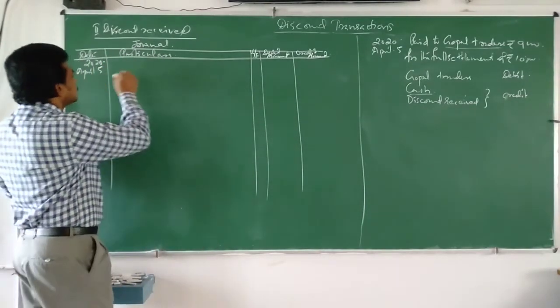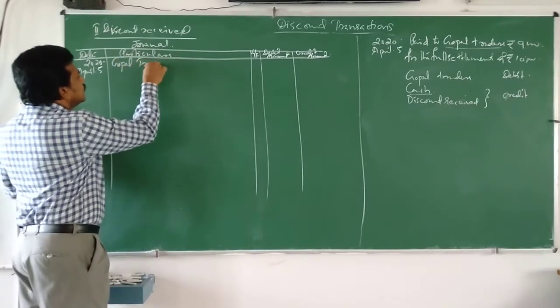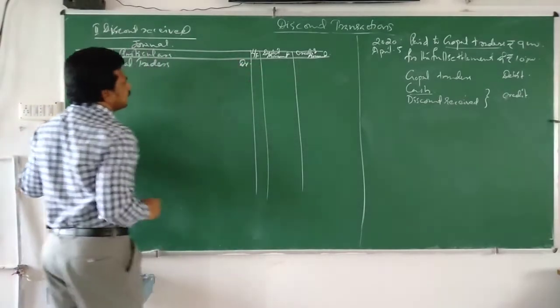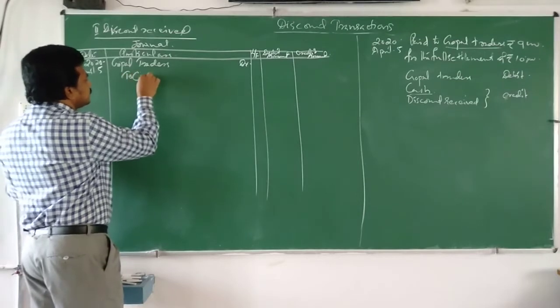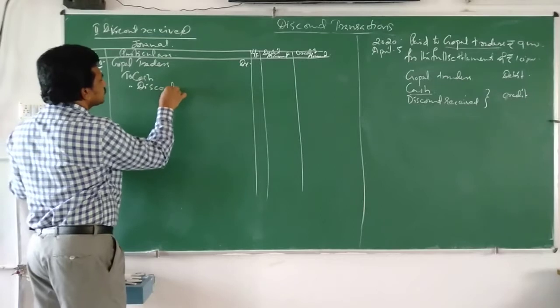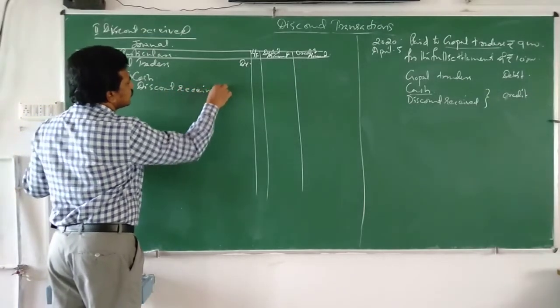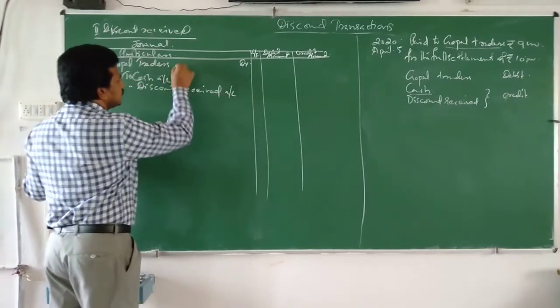We have to write first Gopal Traders debtor. Then to cash, to discount received. Cash account and discount received.